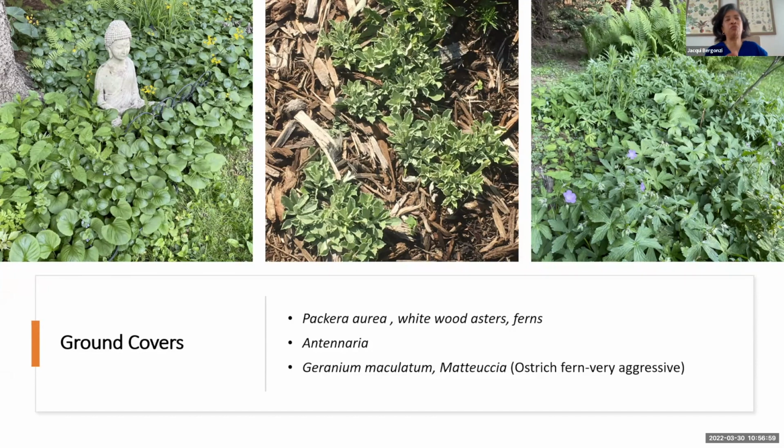Some plants will get overrun by it, but some ferns will stand up to it. This is Antennaria or pussytoes, a slow grower, but a beautiful soft texture. And then Geranium maculatum gets a little taller, but the purple flowers in the late spring, early summer are beautiful, and they'll blink on and off throughout the year. And this is the runaway ostrich fern that I just let do its thing, but sometimes it can push out other flowers that you want.